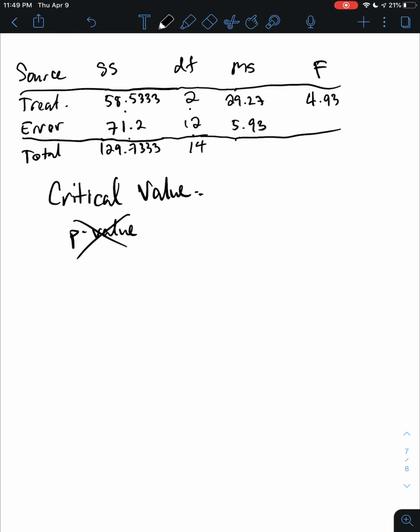Okay. So for the critical value method, we should remember what our alternative hypothesis is: at least one mu i differs from the others.